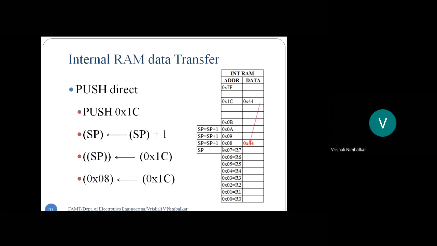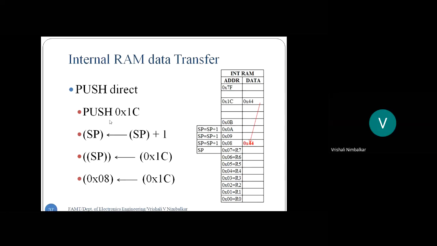So this 07 location does not get disturbed. It means the R7 register does not get corrupted or overwritten, because while writing, it first increments, then writes. So this 7 hex location remains unchanged. Hope you are getting me, students.